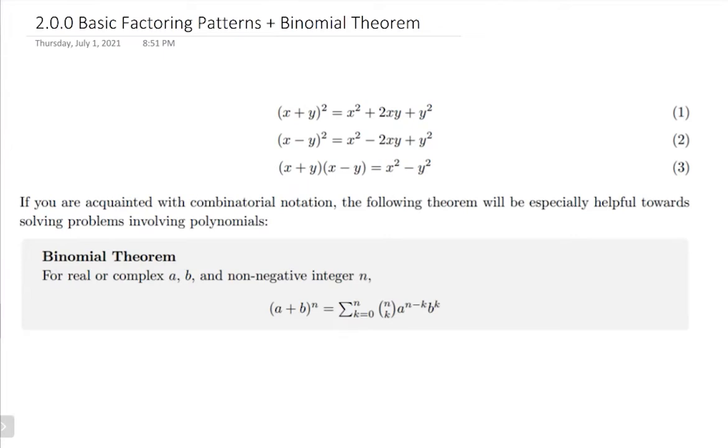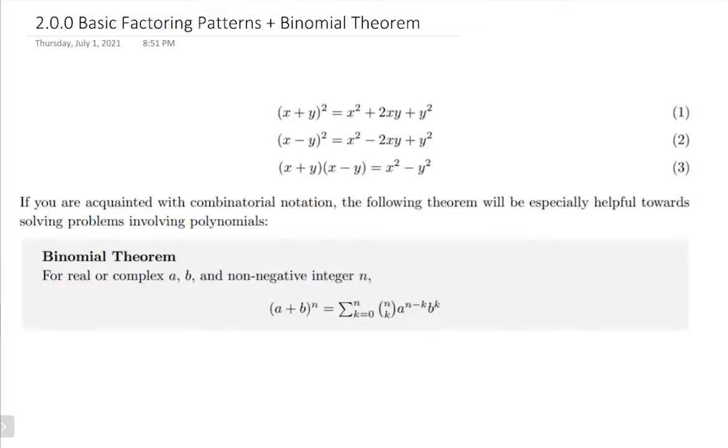Now, you can visualize this theorem as Pascal's triangle in a sort of way, and there is a derivation for it. You can look it up, and if you're acquainted with competition math or higher level math, you might want to try to derive this theorem by yourself.